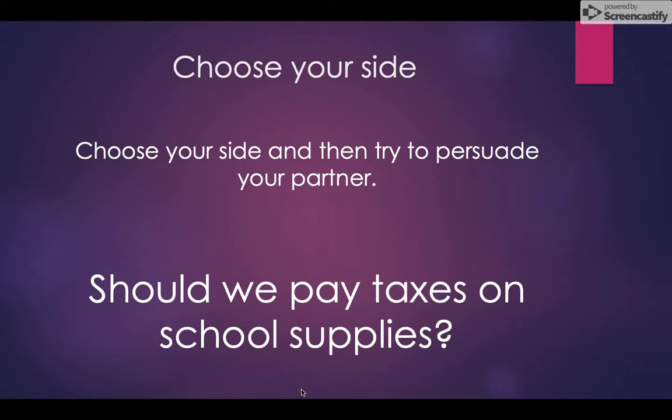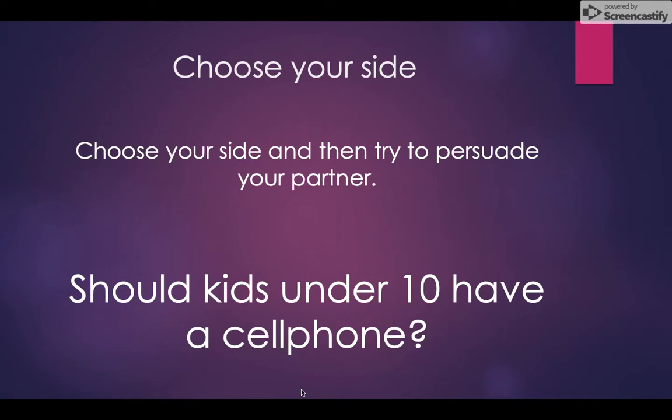Should we pay taxes on school supplies? Talk to your partner. Excellent. I agree. We shouldn't have to pay taxes on school supplies. That way all of our students could afford to bring their school supplies. Let's look at one more example. Should kids under 10 have a cell phone? I agree. I think kids under 10 are still too small to have a cell phone.